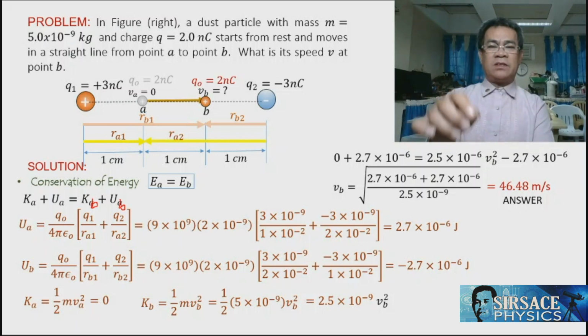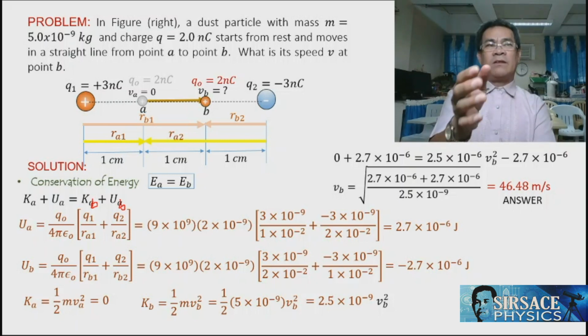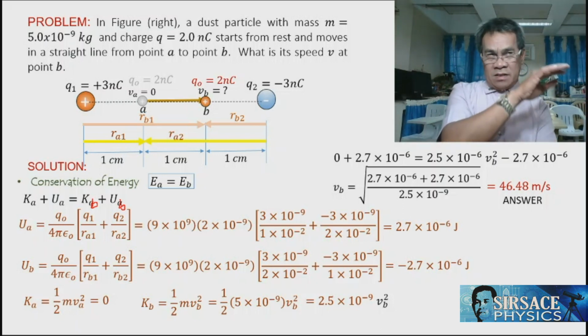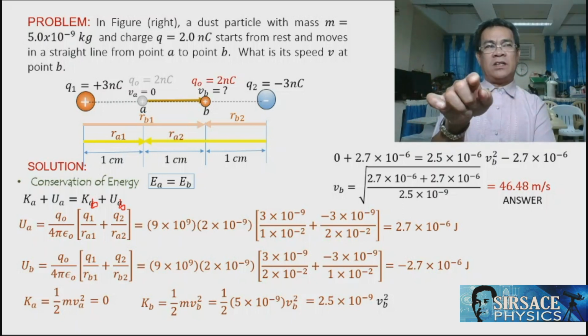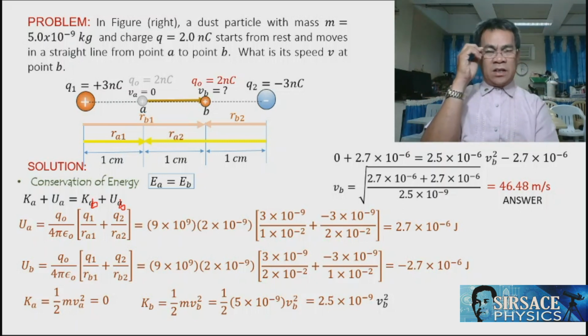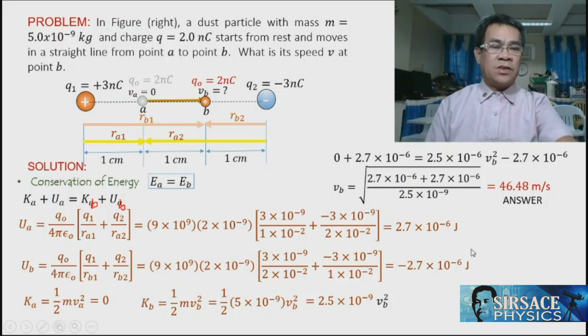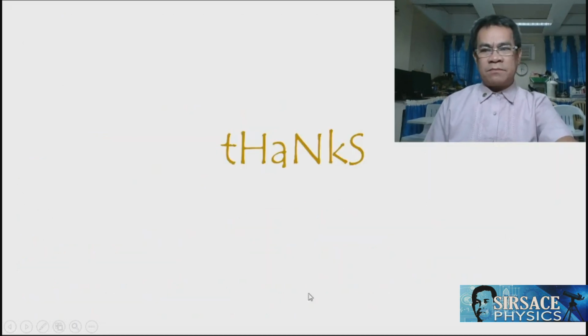For multiple charges, you have to multiply the moving charge by the constant, then the charge over the distance away from that point, plus another charge and consider its distance from that point, then another charge and so on. So that is the energy with multiple surrounding charges. Okay, so that's all. Thank you.